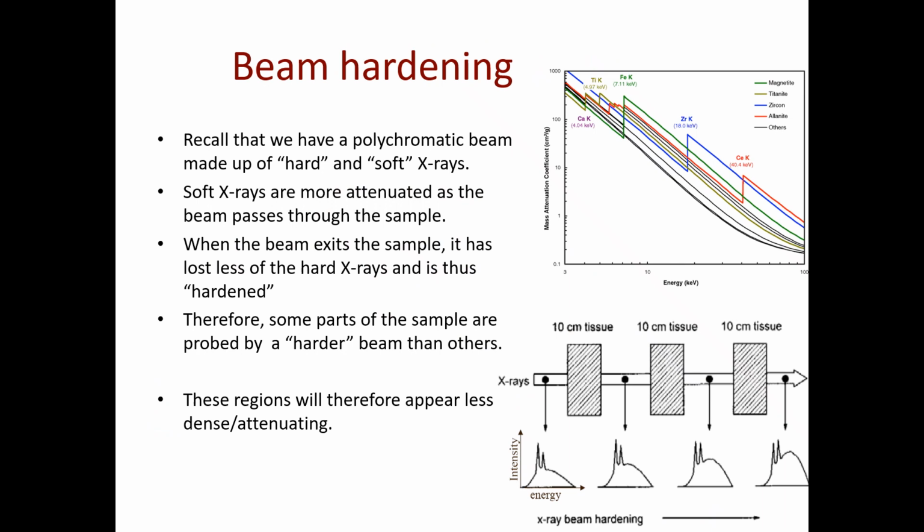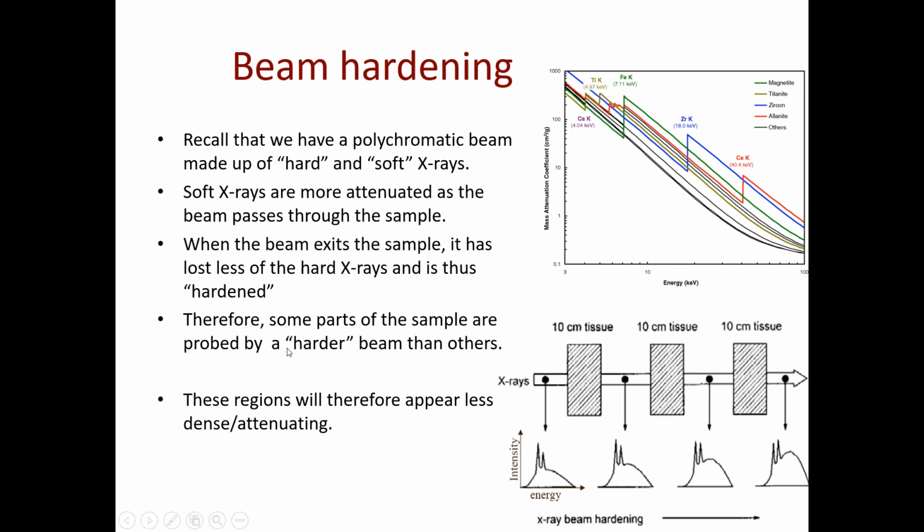So as you're traveling through the middle of the sample we'll see a filtered beam, okay? Because the whole point is that some of it is attenuated. So basically, it's lost more soft X-rays than hard ones, so that's why we're calling it hardening.